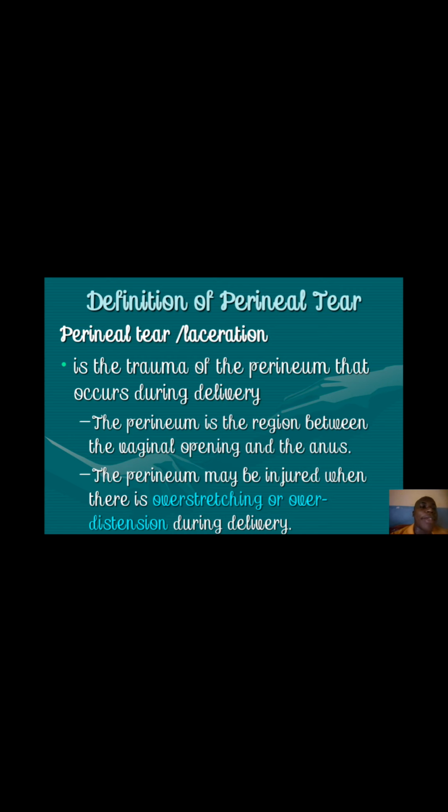The perineum may be injured when there is overstretching or overdistension during delivery. So if the perineal muscles are overstretched during labor, it may cause tearing, injuries or trauma to the perineum. Overdistension and overstretching are the same; we shall see the factors which predispose the mother to a perineal tear.